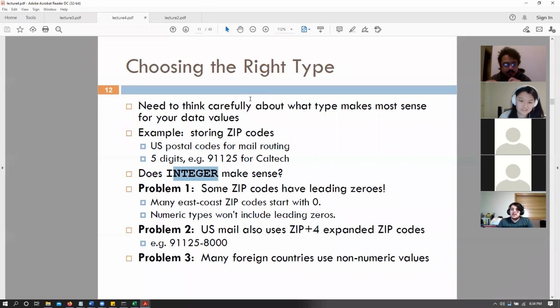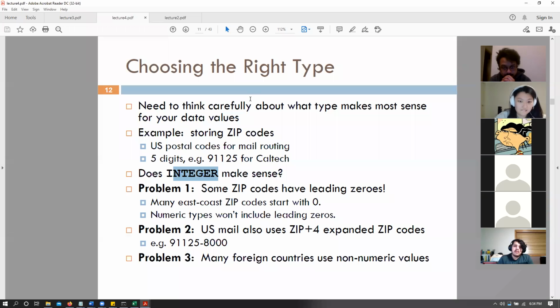So Justin and Devon, why would char work better or why won't integer work? Integers will truncate leading zeros. Yes, exactly. So if you are somewhere from the East Coast in the US, then you would know that some of your zip codes will start with zeros.